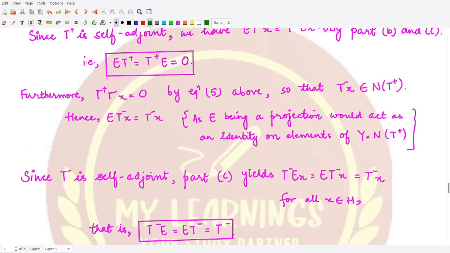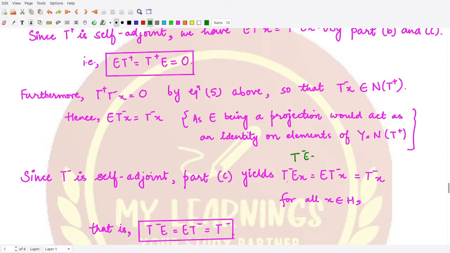Moreover, this T negative is also a self-adjoint operator. Why? Because it is again a linear combination of the operators T and B. So using this and part C, T negative Ex is equal to E T negative x, and that is equal to T negative x. So from part C we have T negative E is equal to E T negative, and E T negative is equal to T negative from here.